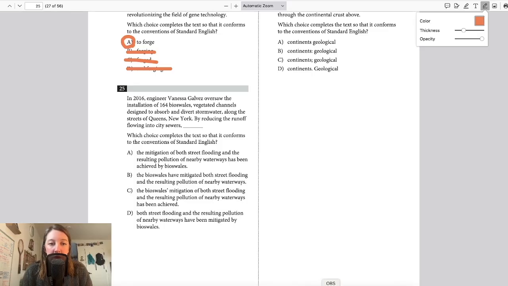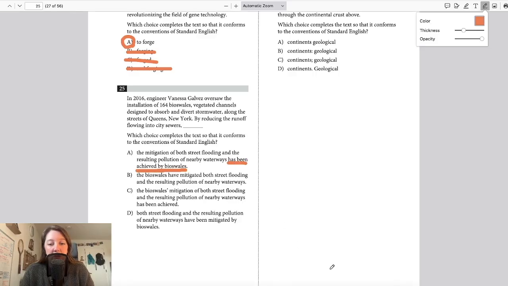These answers are quite long, so let's take a look at why that is. So it says, the mitigation of both street flooding and the resulting pollution of nearby waterways has been achieved by bioswales. Okay, so this one uses what's called passive voice, has been achieved by bioswales.